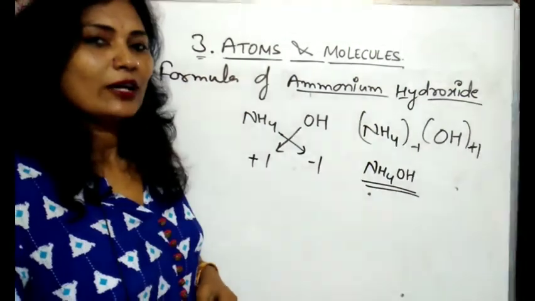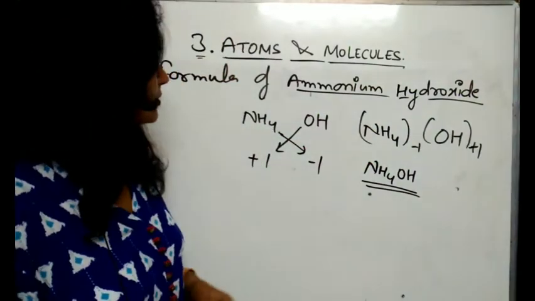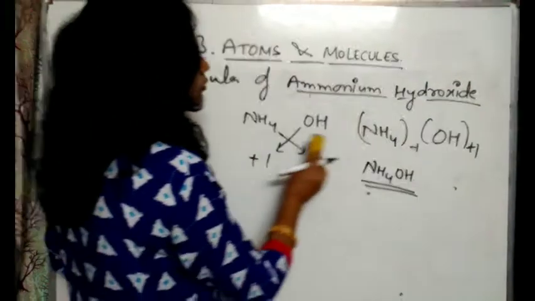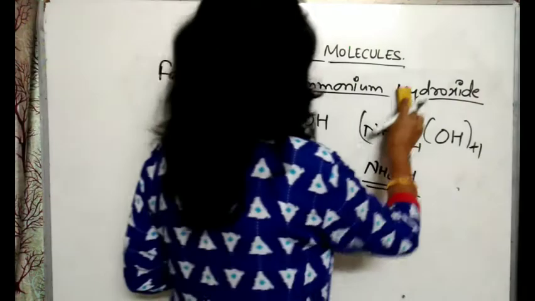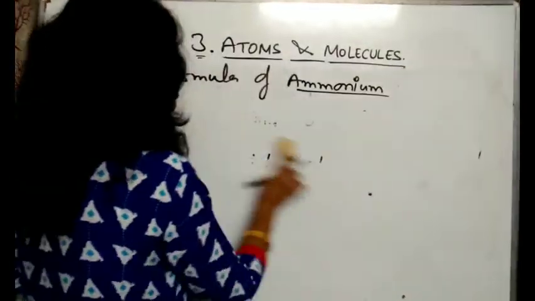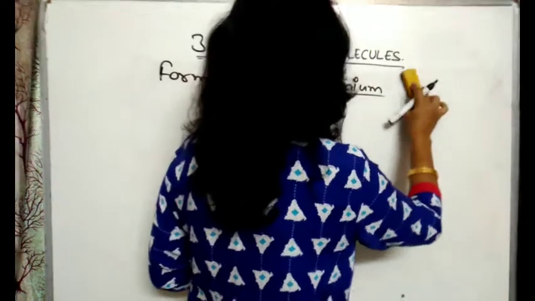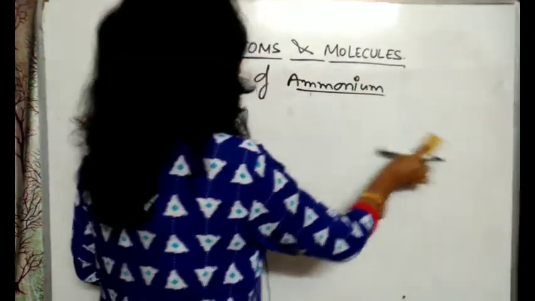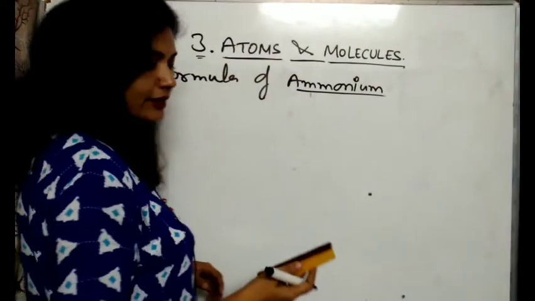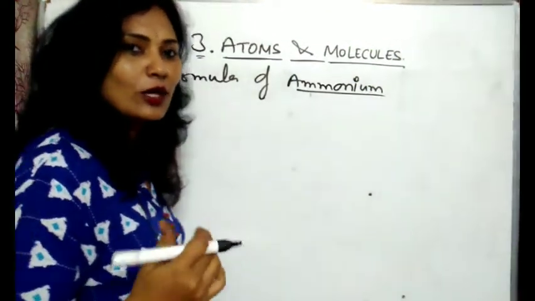Now you can find out the formula of ammonium sulfate. Write the formula of ammonium sulfate. Have you written? You can make all these formulas. Okay, if you do the practice, then you can find out how the formulas are formed.